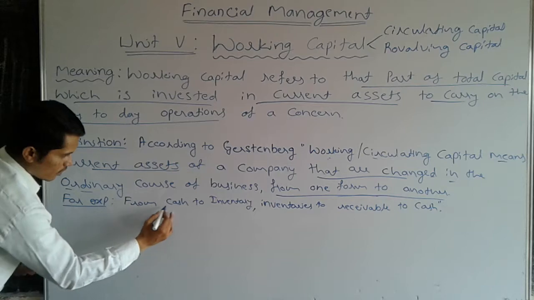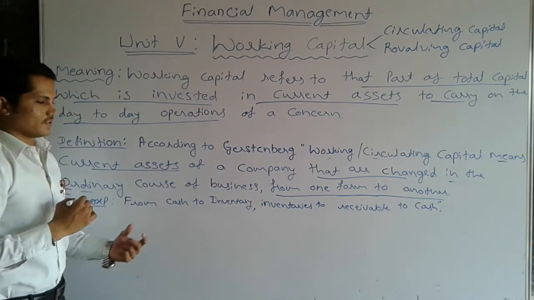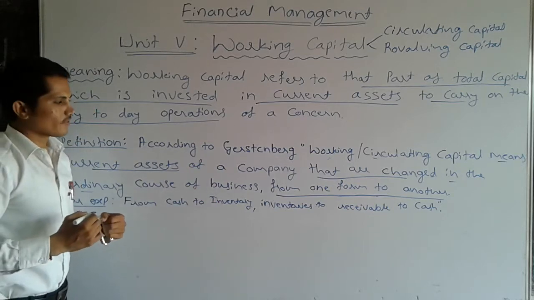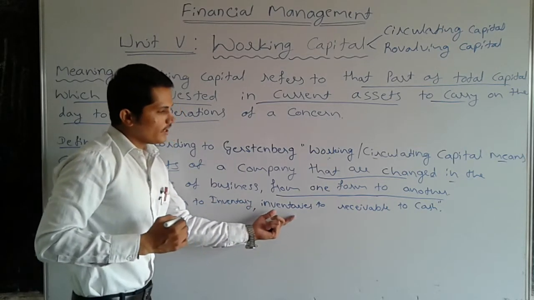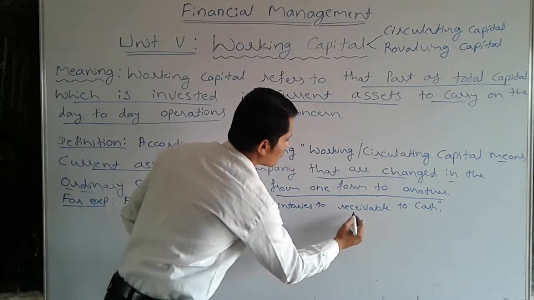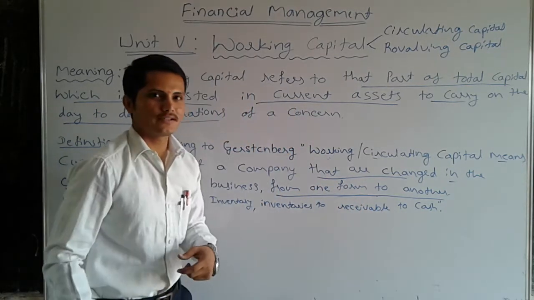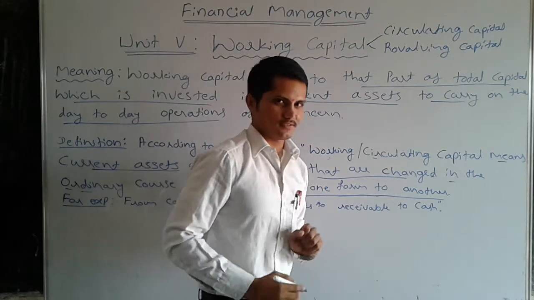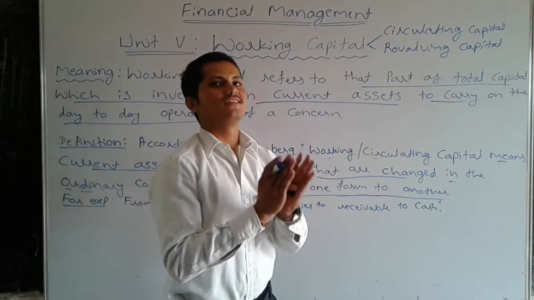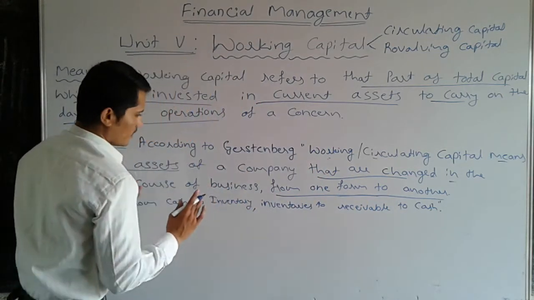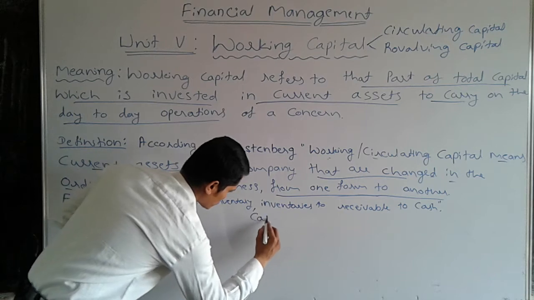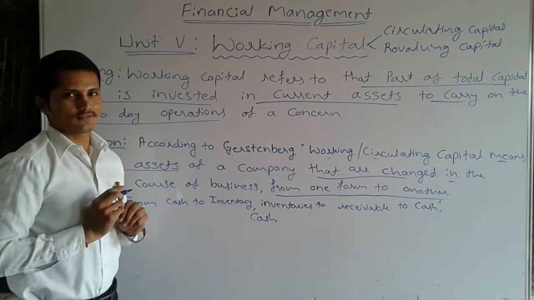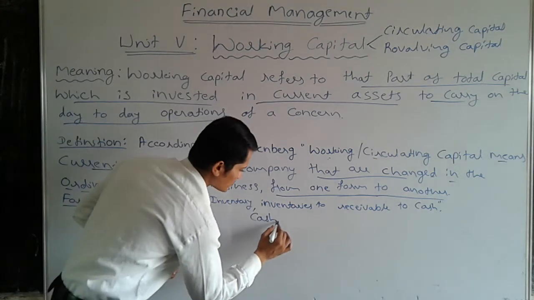See, from cash to inventory. Cash is converted into inventory, inventory is converted into receivables, and receivables are converted again into cash. How is that? Let us see in detail. Suppose we have cash; from cash we purchase the raw materials.